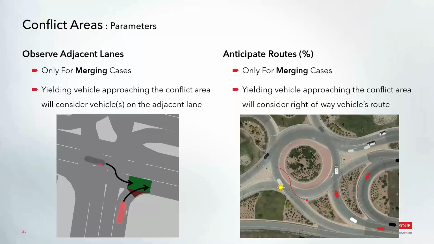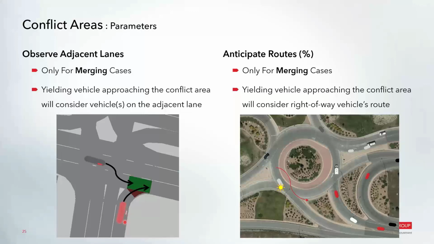Okay, and then we also have these two parameters here, observe adjacent lanes and anticipate routes. Observe adjacent lanes is a checkbox that you can turn on or off for a particular conflict area, and it is only for merging cases.